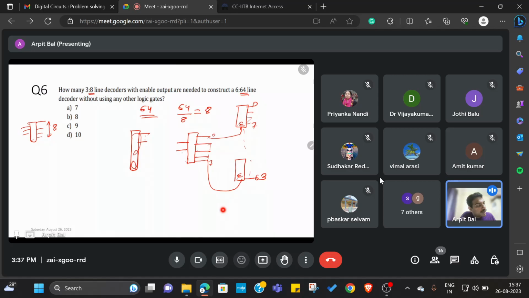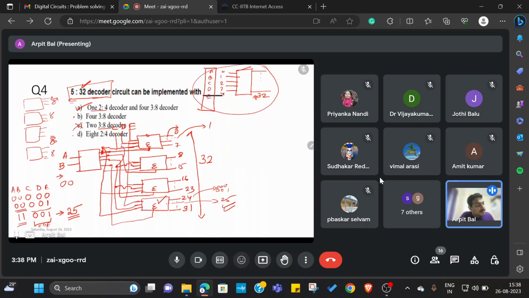How many total inputs were needed? 6. So we have A, B, C here, and the other inputs will be D, E, F here. Similarly these things will also be connected, and it will follow the same pattern that was followed for question number 4.